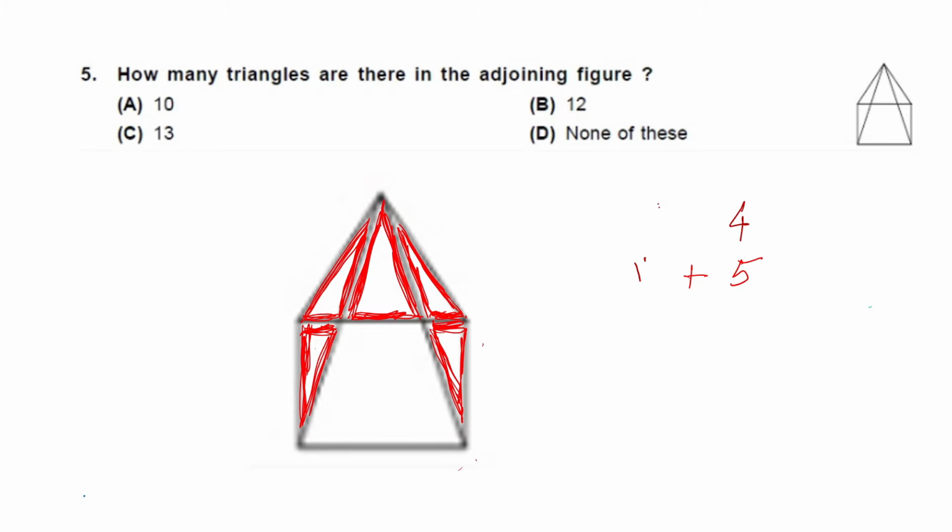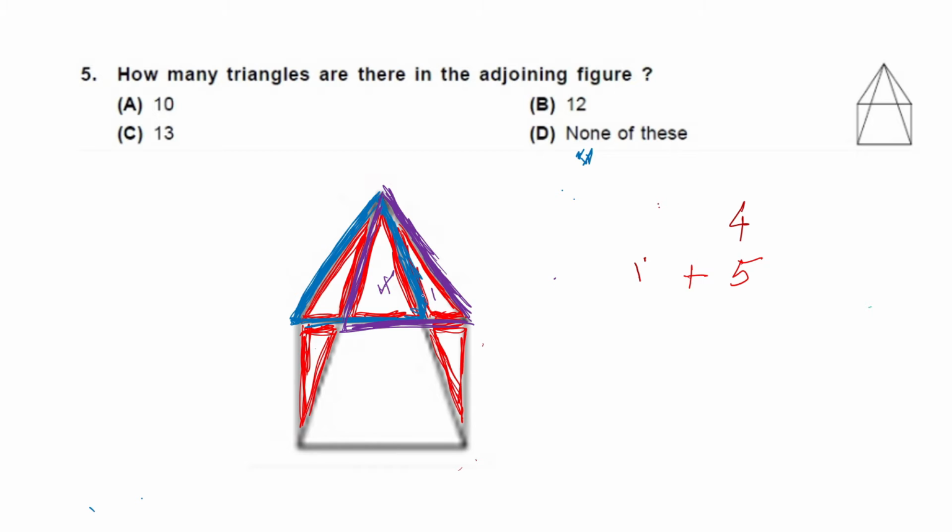Now let's find triangles which can be formed by combining these smaller triangles. So here I have one by combining these two smaller triangles, and similarly another one on this side by combining this and this triangles. So these two triangles give me the other triangle.